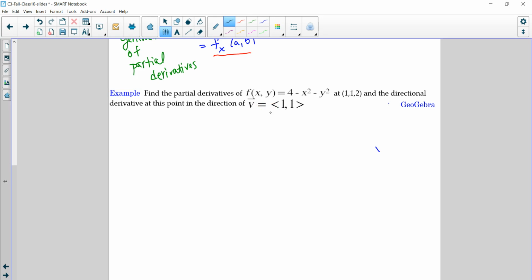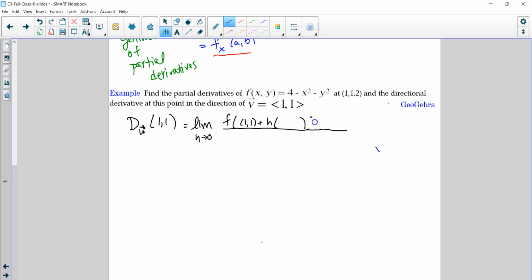Okay, so right now we're just going to use the definition here. So I do limit. Okay, notation-wise, I should do D sub u, okay, I'll define what u is in a moment, at the point (1, 1), is equal to the limit as h approaches 0 of f of (1, 1) plus h times, and now I should really put that u in there.